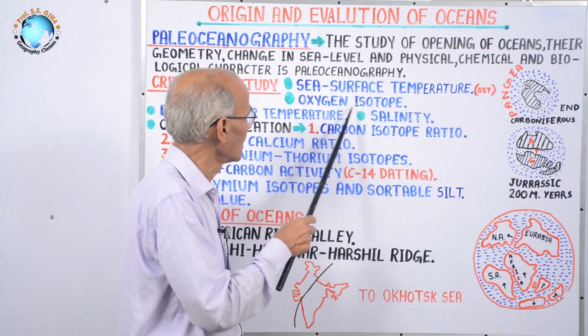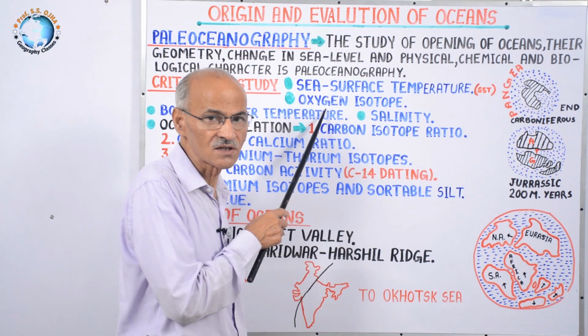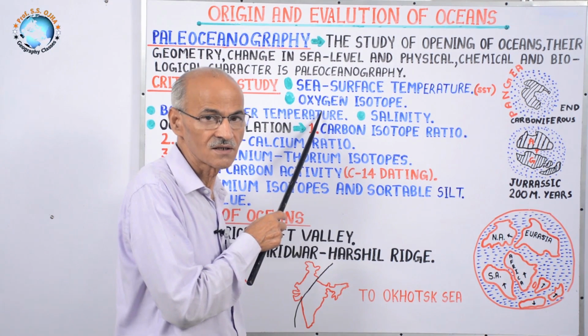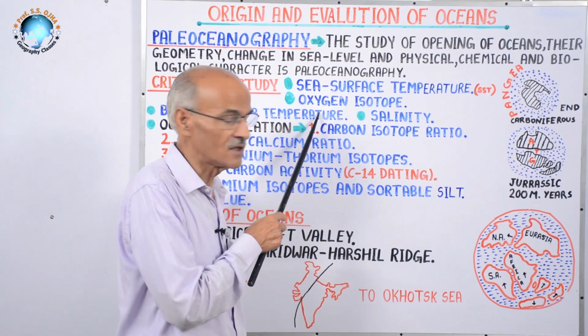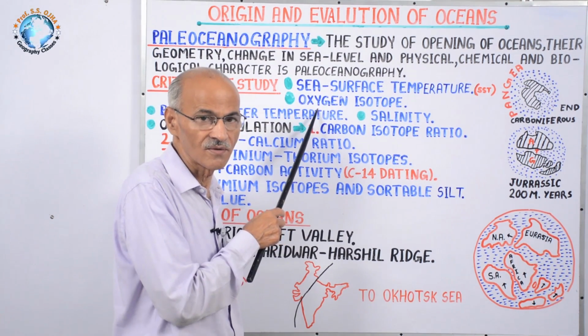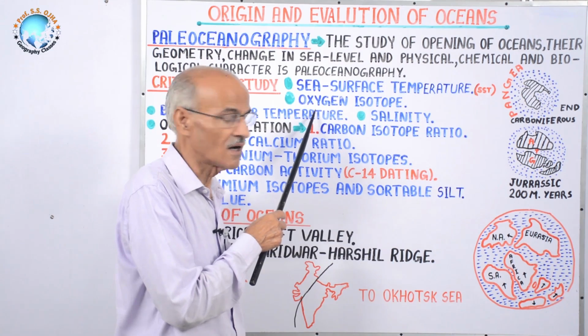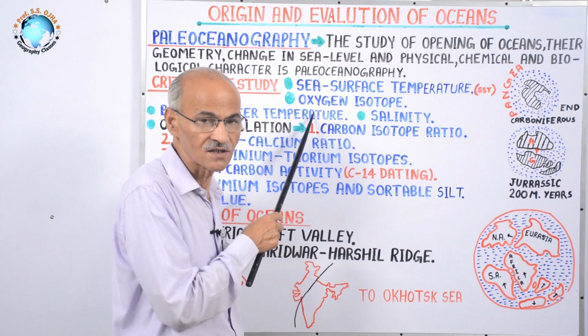Second point is oxygen isotopes. If we study oxygen 16 and 18 isotopes in the polar region ice, means in the ice layers of Greenland, and if we have a cross-sectional study, we will find that with the changing layer, the oxygen isotopes 16 and 18 are changing.